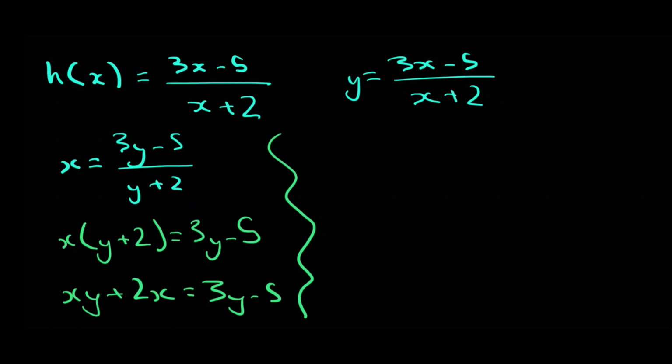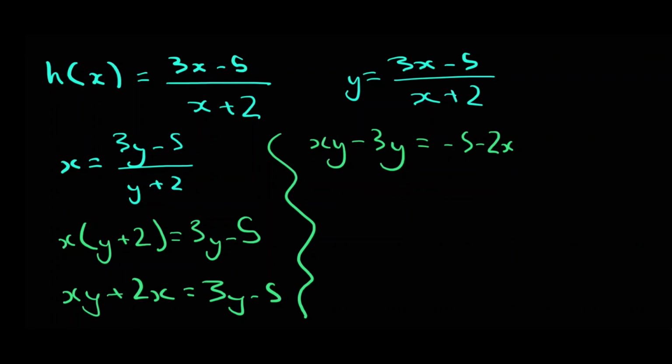Next I'm going to work on getting all of the y's on one side of the equation and the x's on the other. So I'm going to move the 3y to the left side and the 2x to the right side by subtracting 3y from both sides and also subtracting 2x from both sides. So it'll become xy - 3y = -5 - 2x.